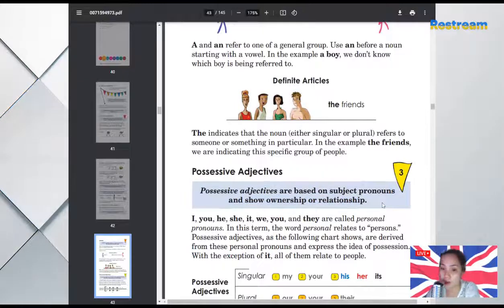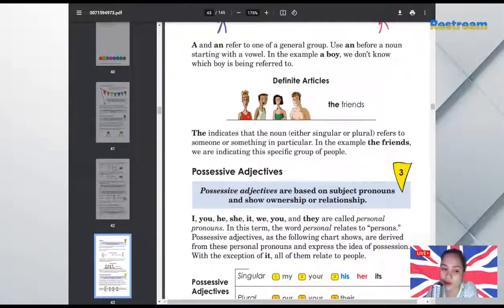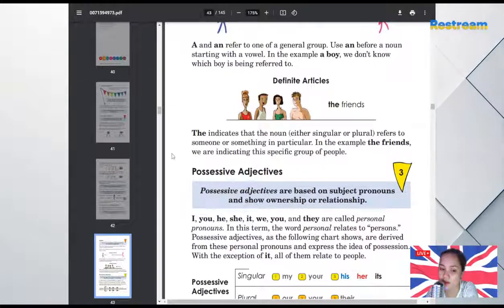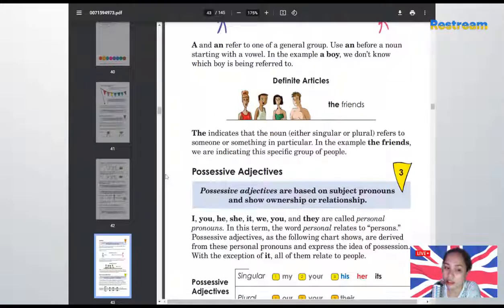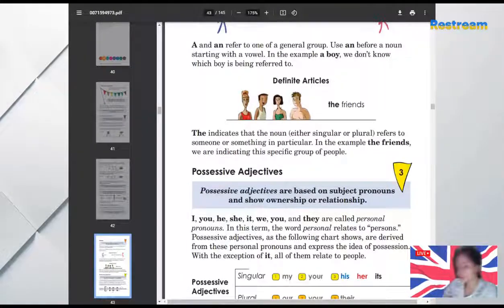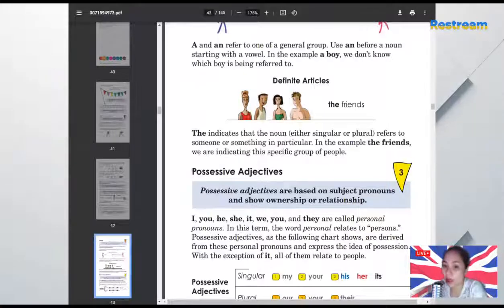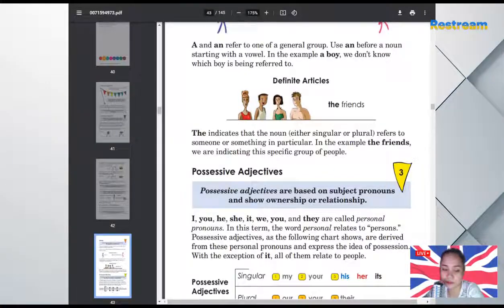If you remember the possessive nouns, this one, possessive adjective, is based on the subject pronouns and shows ownership or relationship to the subject, whether it's a noun or a pronoun.